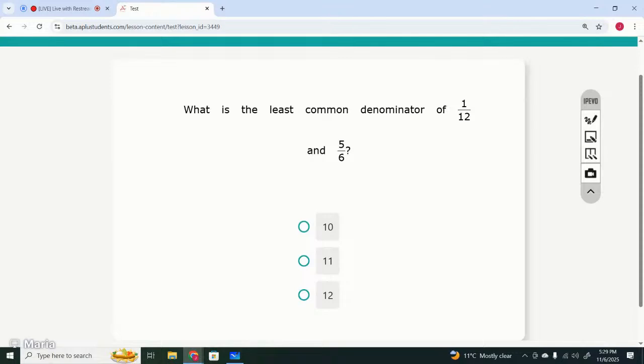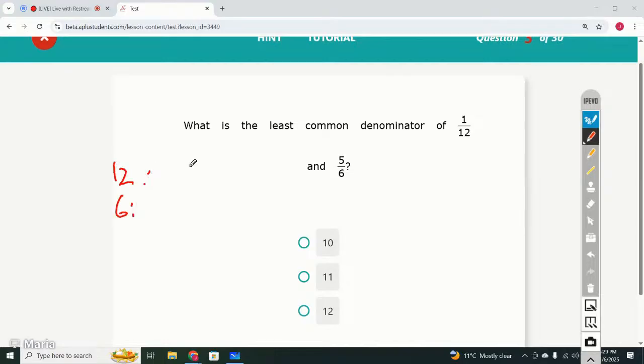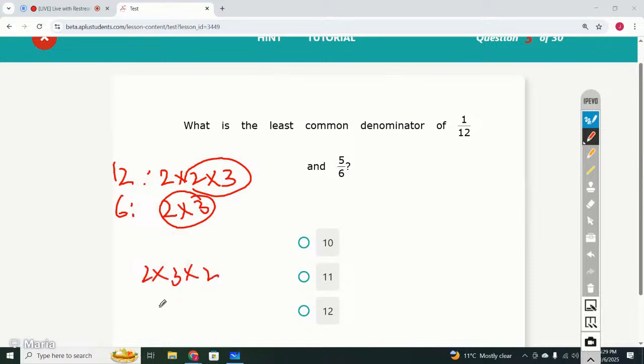What is the least common denominator of 1 by 12 and 5 by 6? So let's just write down the prime factors of 12 and 6, right? So the prime factors of 12 are 2 times 2 times 3, and the prime factors of 6 are 2 times 3. So 2 times 3 is the common factor, and this 2 is the non-common factor. So 2 times 2 is 4, and 4 times 3 is 12.